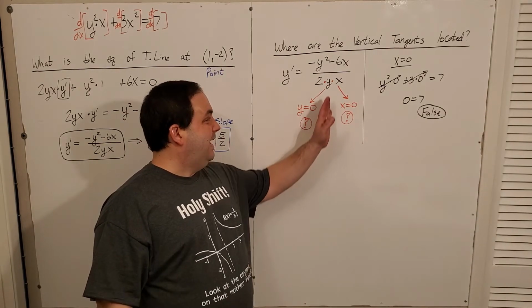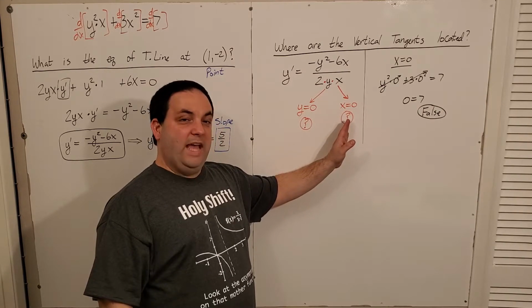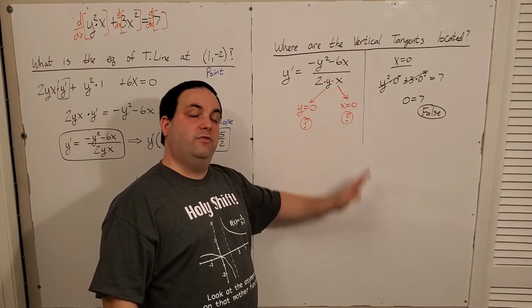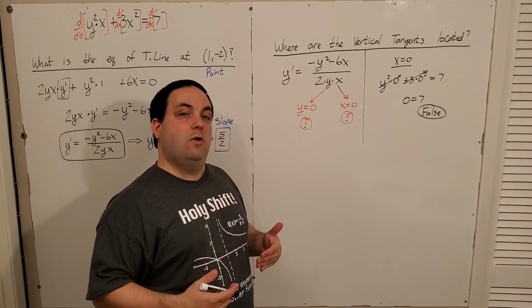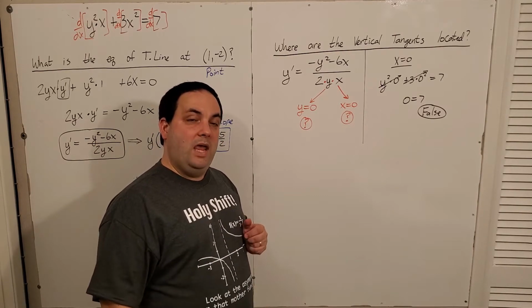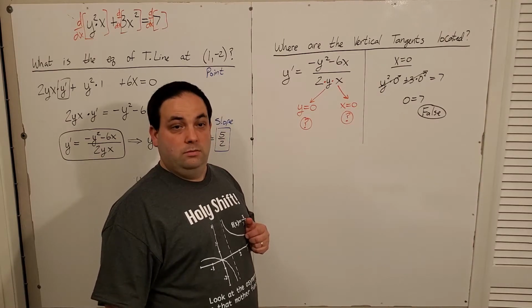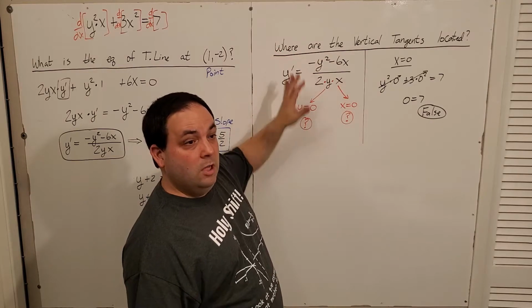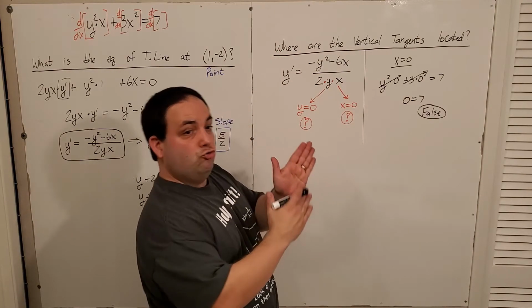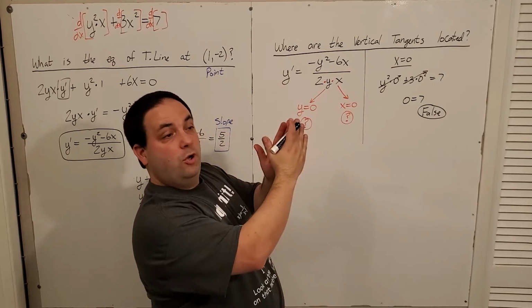However, since I got it as one of these edging possible vertical tangencies, it's telling me that x equals 0 very likely might be a vertical asymptote, right? Because I am getting a division by 0 in the derivative here, which means the function is trying to cause a vertical tangent.